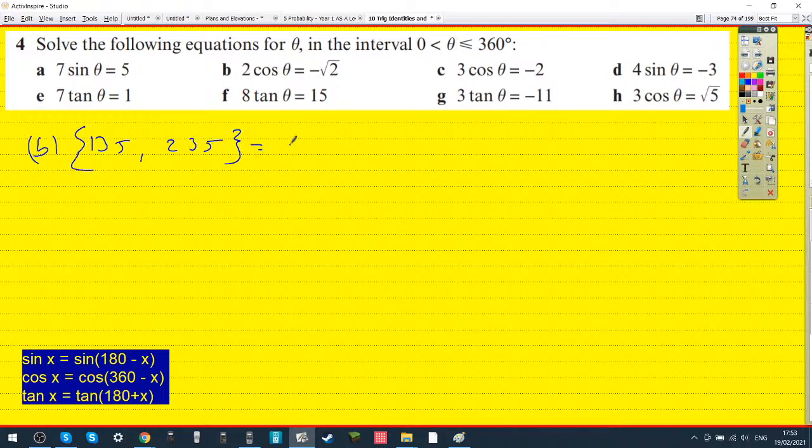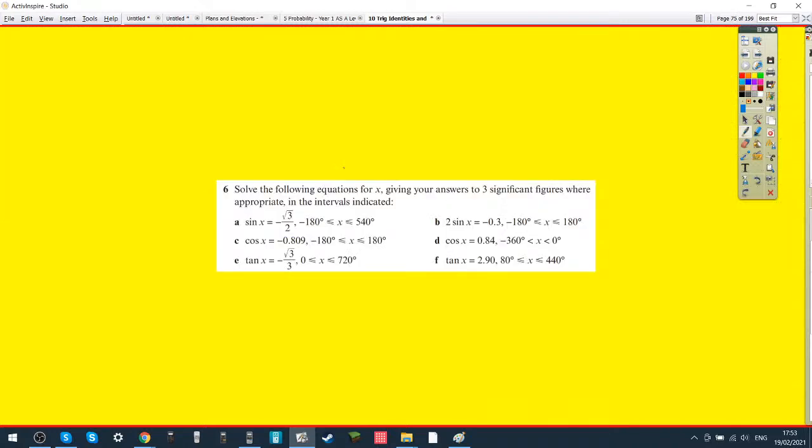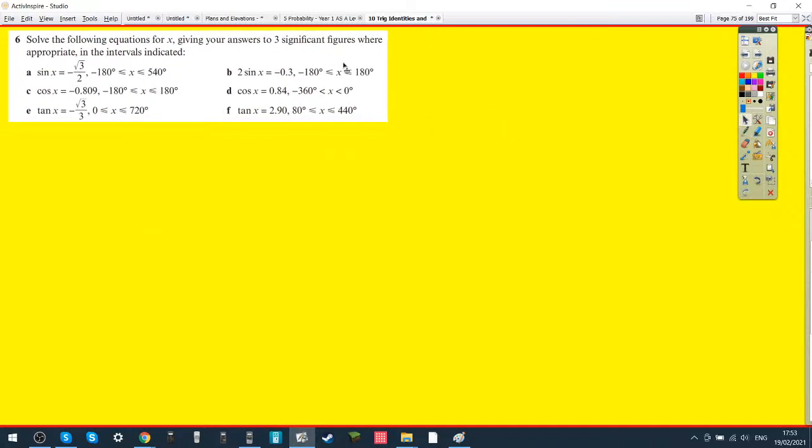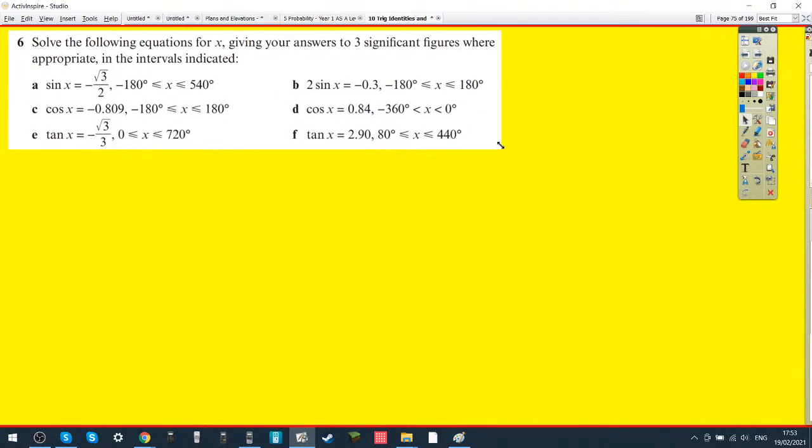And that is theta. And I think you'd be fine for these. This is a bit unusual. We'll do one with tan. How about question E?